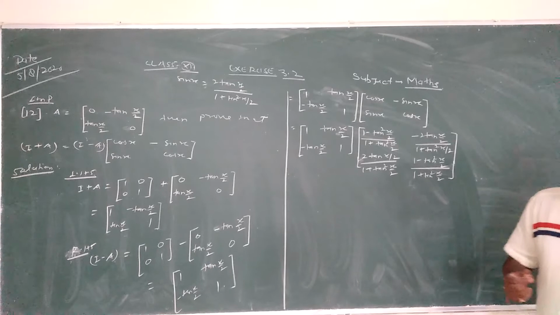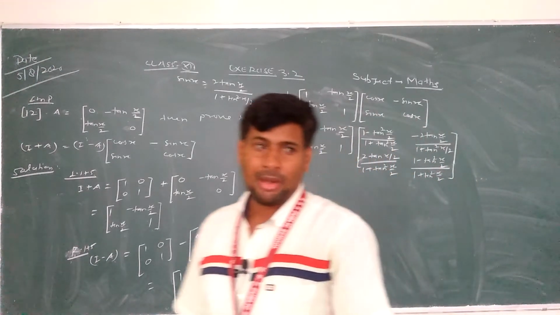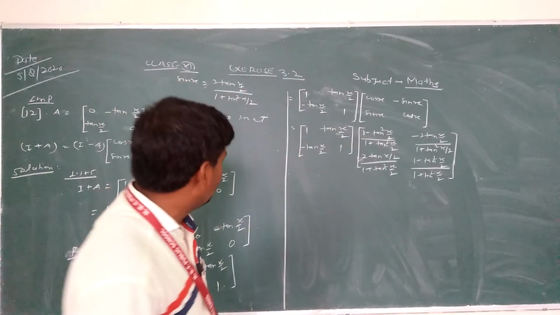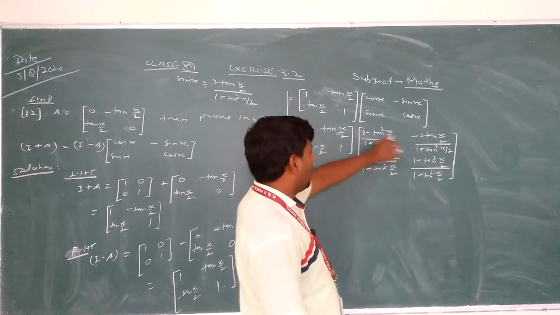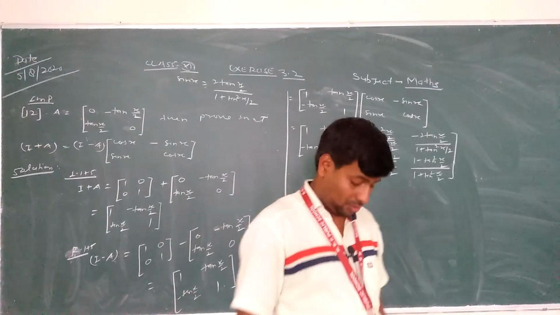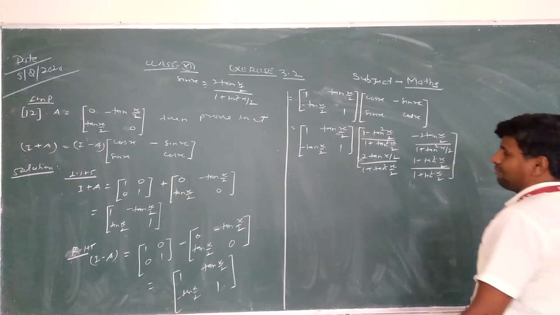You know the basic concept: sin theta equals 2 tan(theta/2) by 1 plus tan square(theta/2), and cos theta equals 1 minus tan square(theta/2) by 1 plus tan square(theta/2). We can change both matrices in the form of tan.